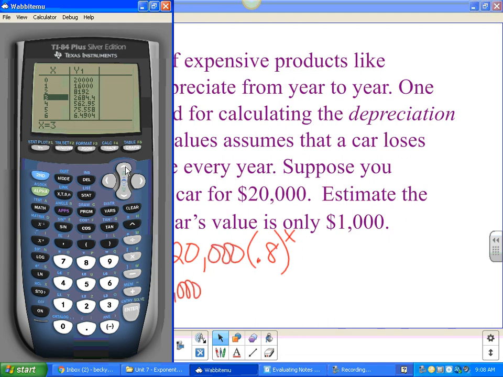Well, it looks like it happens somewhere in between 3 and 4. So I'm going to go table set. I know it's going to happen somewhere around 3. I'm going to change my delta table to a 0.1. Go back to my table, and let's find when it's 1,000. 3.6, it's, hold on one second.